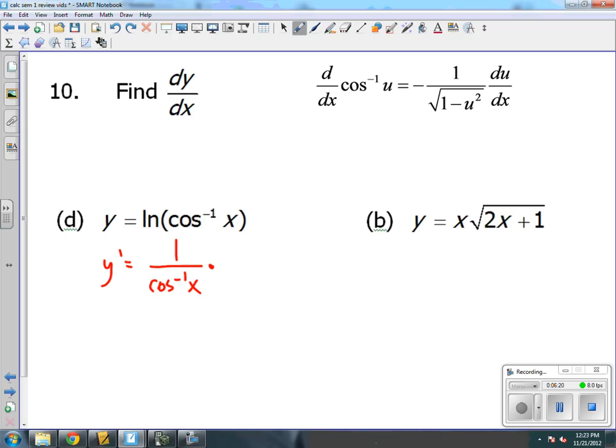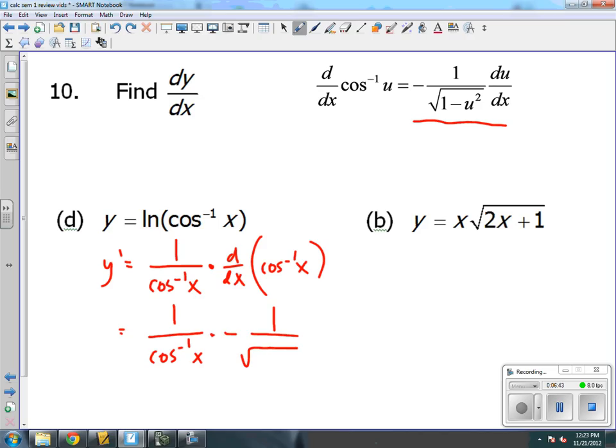But since what's inside the parentheses is not just x, I have to take out the derivative of cos inverse. So now I'm just stuck simplifying. We already have the derivative of cos inverse up here, which is negative 1 over the square root of 1 minus x squared.